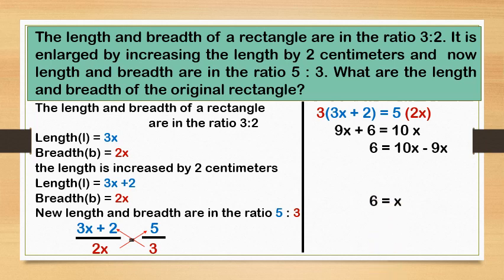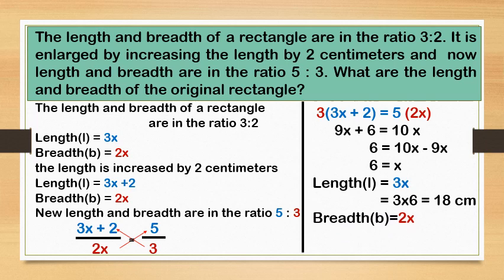So 6 equal to x, or x equal to 6. Then compute length and breadth of the original rectangle. We know length L equal to 3x. When we substitute, we get 3 into 6 equal to 18 centimeter, and breadth equal to 2x. When we substitute x, we get 2 into 6 equal to 12 centimeters.